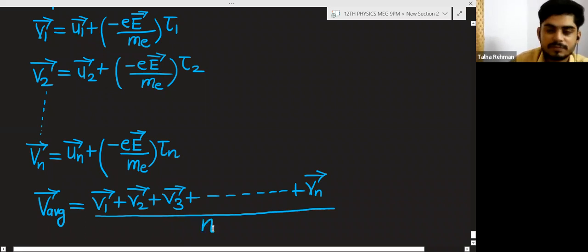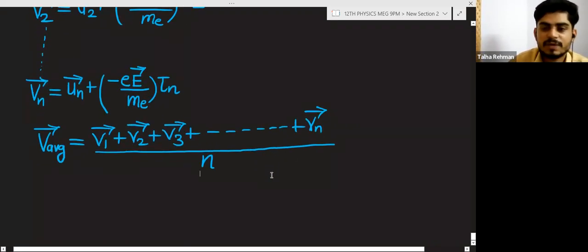Average is the sum of the velocities divided by the number of velocities, meaning the number of electrons.